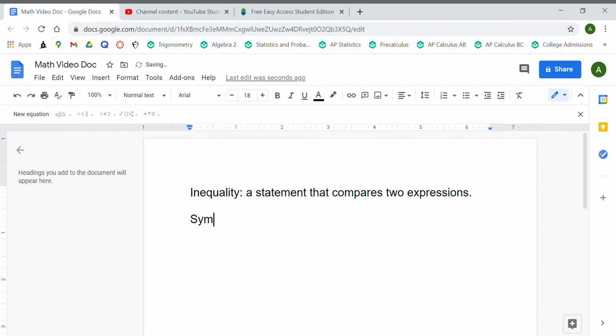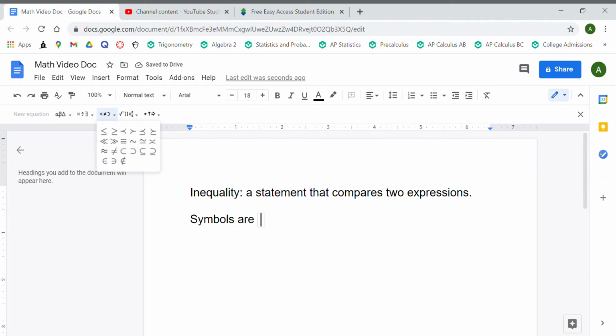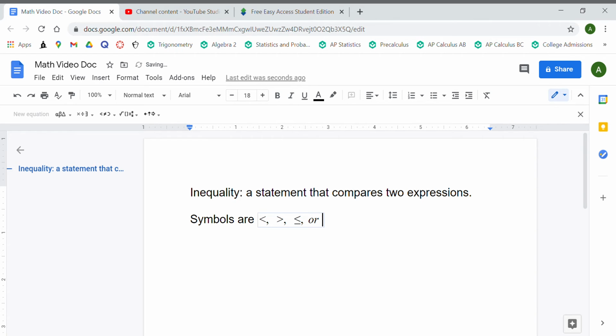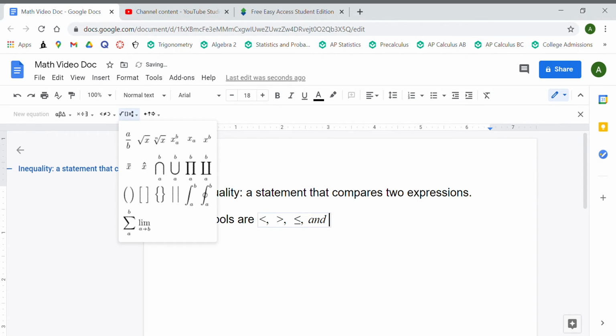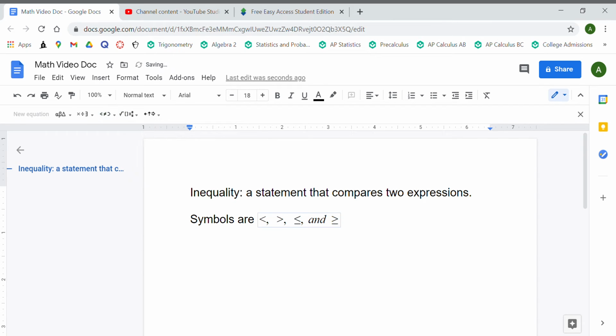Symbols used are less than, greater than, less than or equal to, or greater than or equal to. So, today we are going to be learning how to write and how to graph inequalities.